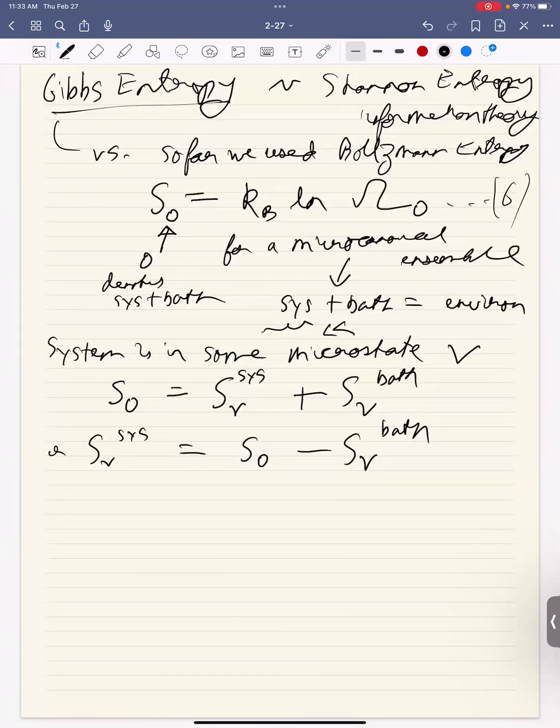So S naught is KB ln omega naught. What is S nu bath? We calculated S nu bath when deriving our ensembles. S nu bath is KB ln omega.